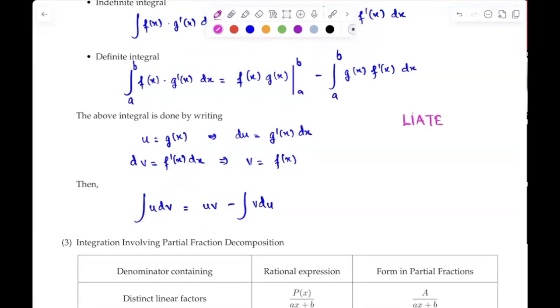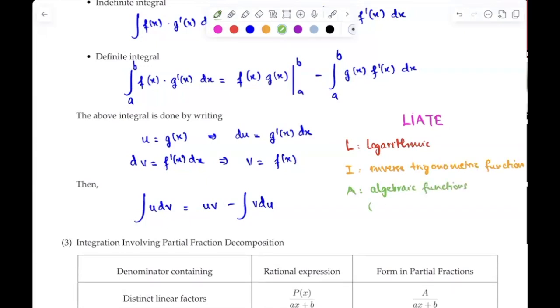L is logarithmic functions, I is inverse trigonometric functions, A is algebraic functions, T is trigonometric functions, and E is exponential functions. So L has the highest rank. When you see logarithmic and algebraic functions, you let u equal the logarithmic function. When you have algebraic and exponential functions, you let u equal the algebraic function.